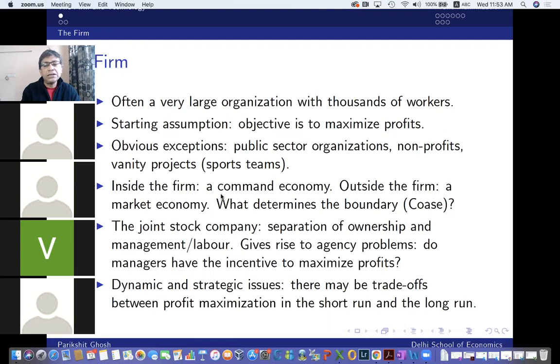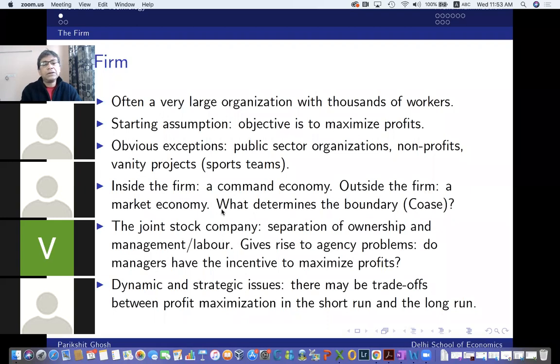So here's another point, and this point was first made by Ronald Coase. Ronald Coase pointed out that the way decisions are made and resources are allocated within a firm resembles socialism, resembles a planned economy.